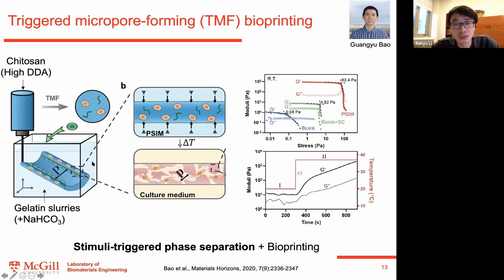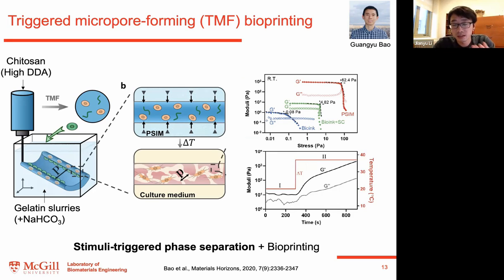Okay, and in order to address this kind of challenge, my student, Guangyu, proposed what is called trigger micropore-forming bioprinting. So unlike the previous strategy of using micro templates embedded inside the bioink, what we do is introduce a stimuli-triggered phase separation mechanism.